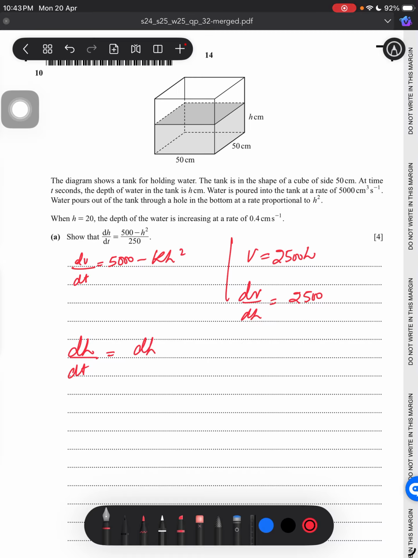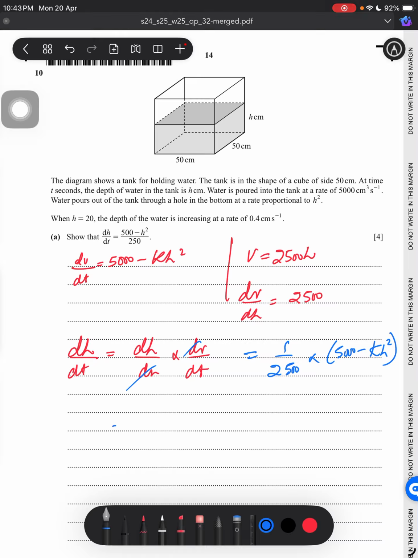That would turn out to be dh/dV times dV/dt, cancelling out. So this will get 1 over 2500 times 5000 minus k square root h.